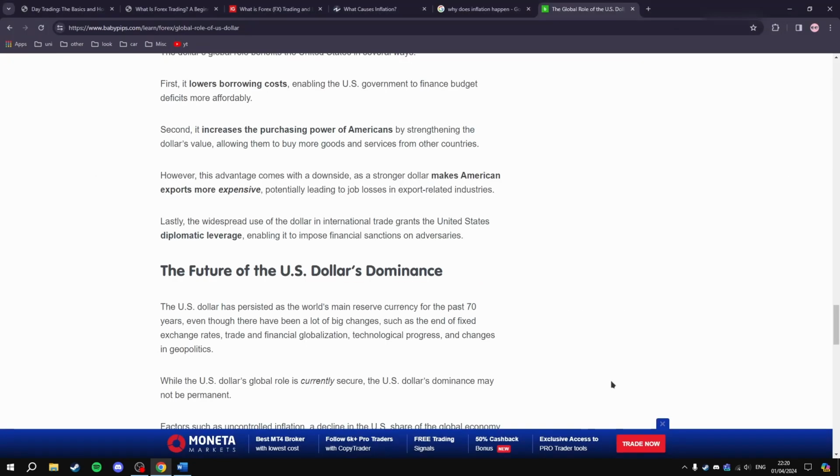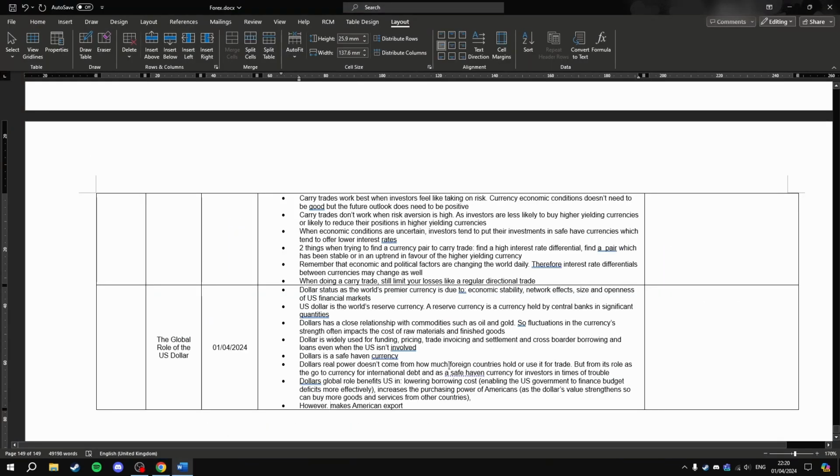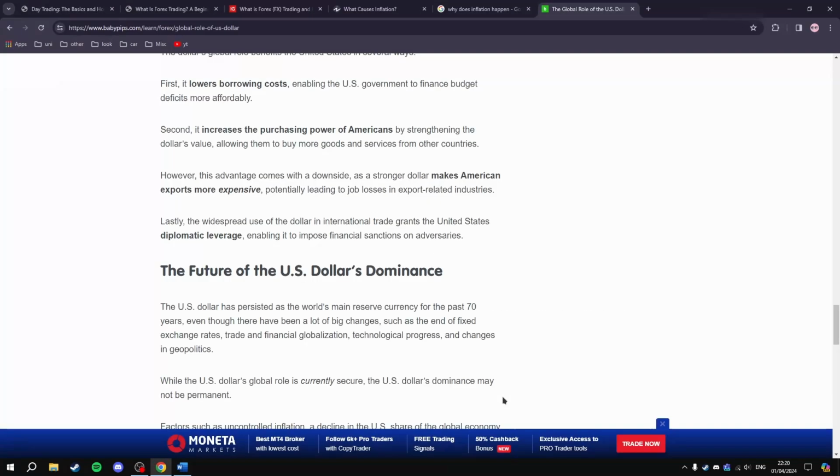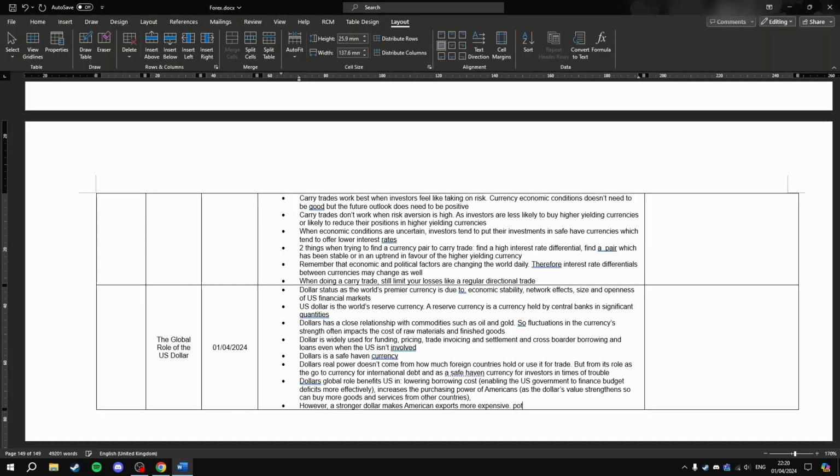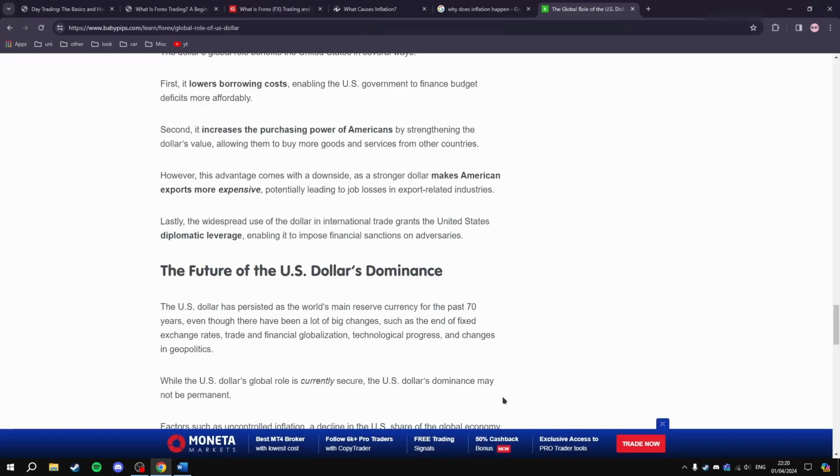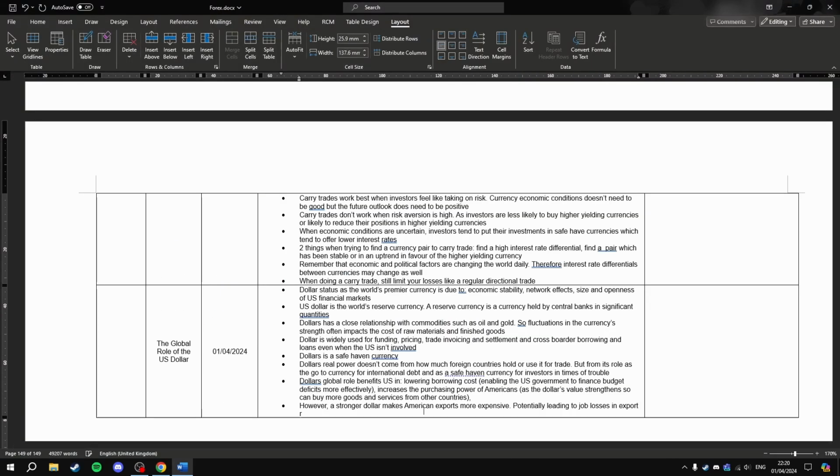However, a stronger dollar makes American exports more expensive, potentially leading to job losses in export-related industries.